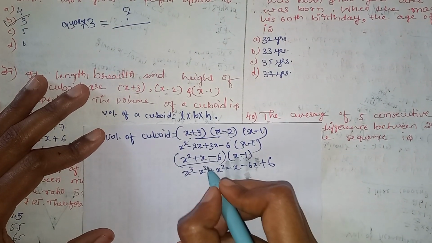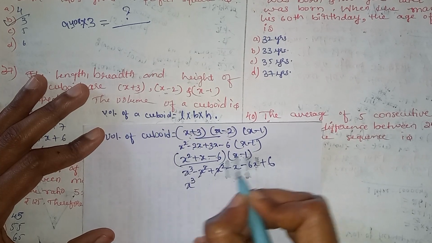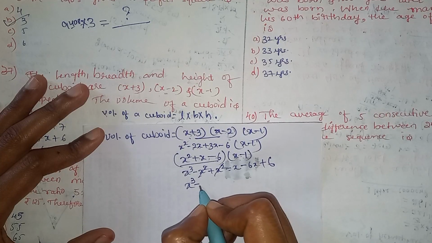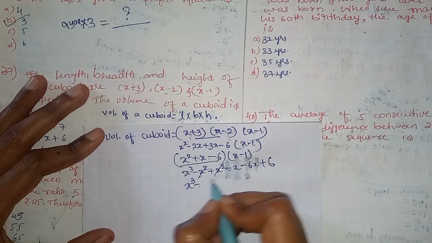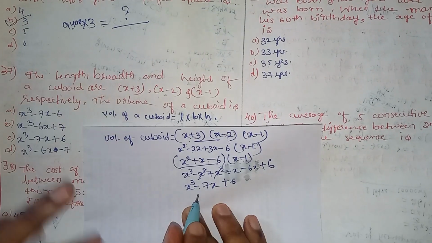Yes, what will we get here? Plus x square minus x square get cancelled. What are we left with? x cube, and minus 7x plus 6. Yes, where is the answer?